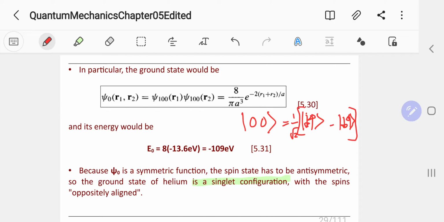So that's the singlet. Sorry, I made some mistake here. It should be that one.